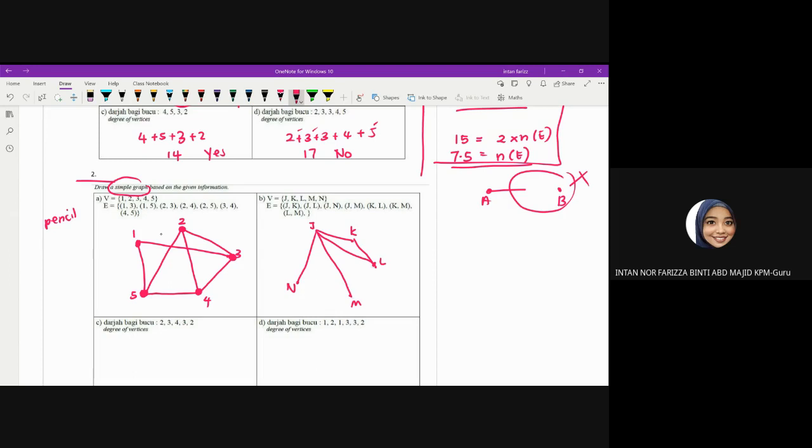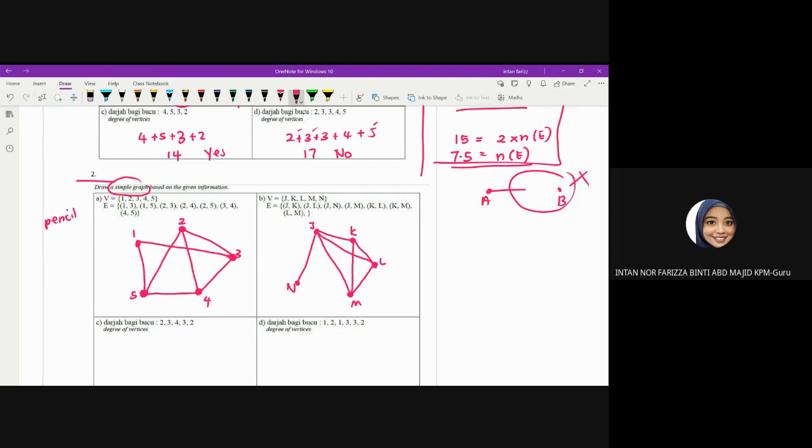Wrong. Sorry, where am I? Okay, KM and LM. Okay, so those are my edges and my vertices. So you can draw bigger dots here to cover and make it nicer. Okay, very easy.